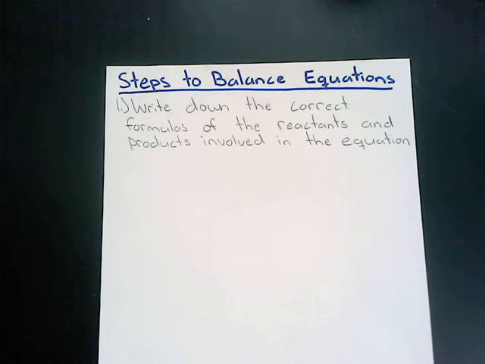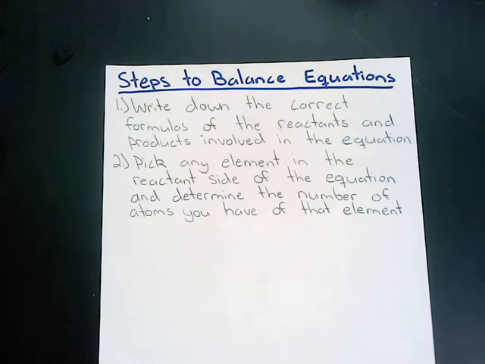The second step is to pick any element in the reactant side of the equation and determine the number of atoms you have for that particular element. The third step is to look at the product side of the equation for that same atom and determine how many atoms there are of that atom on the product side.